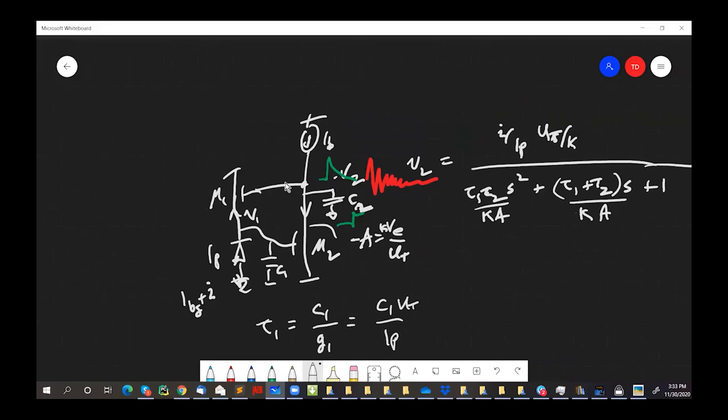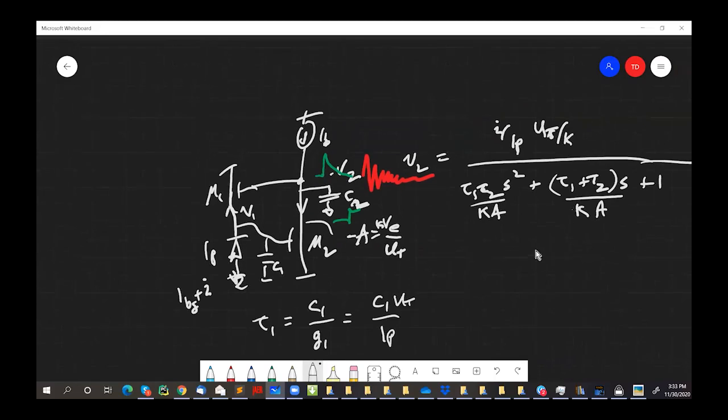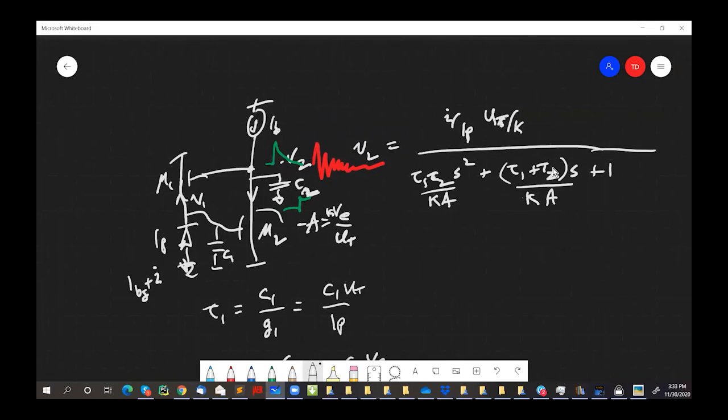So remember, let me go back a bit. Remember in the beginning, I showed you by looking at this transfer function that if we made tau 2 equal to 0, in other words, if we made this amplifier here infinitely fast, then we got this speed up of kappa A. Do you remember that? Because then that increased the source conductance looking into M1, if you make tau 2 infinitely fast.